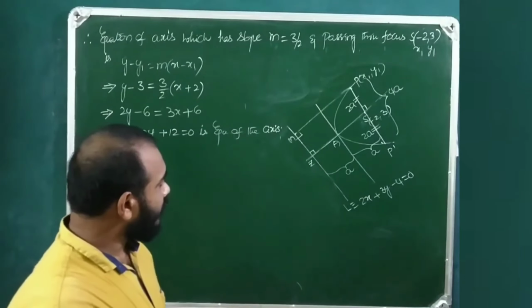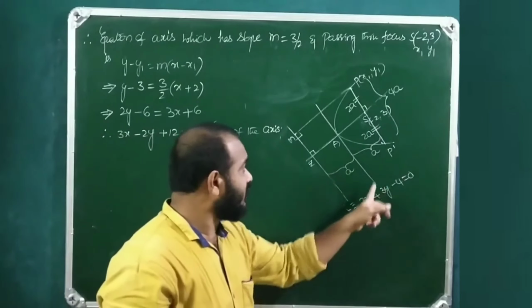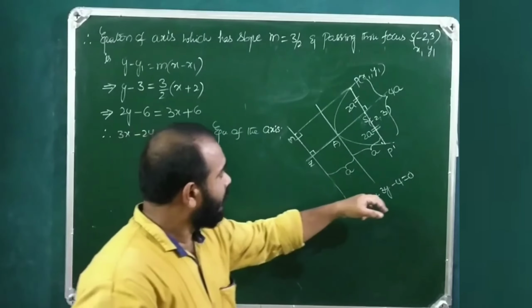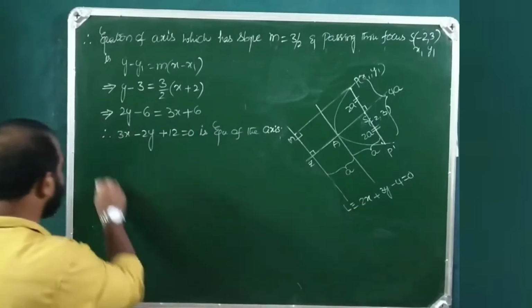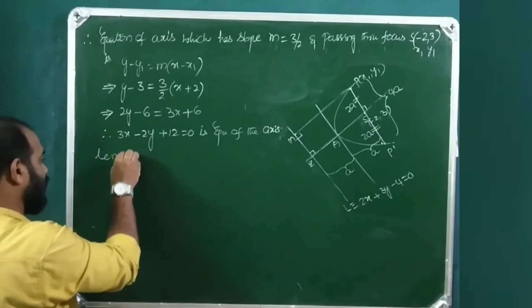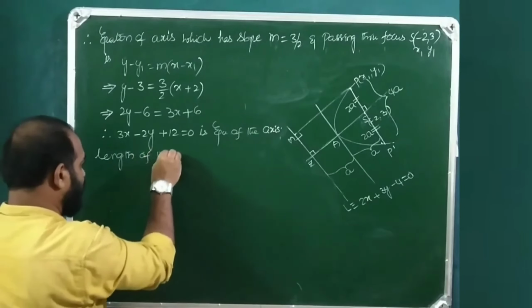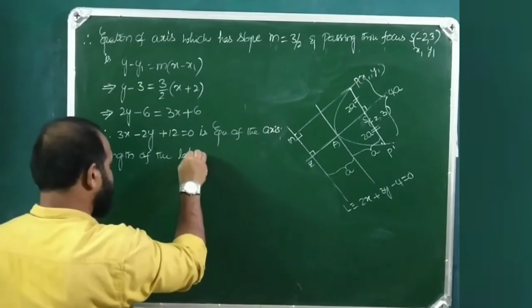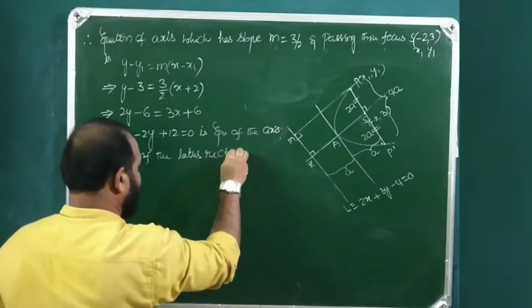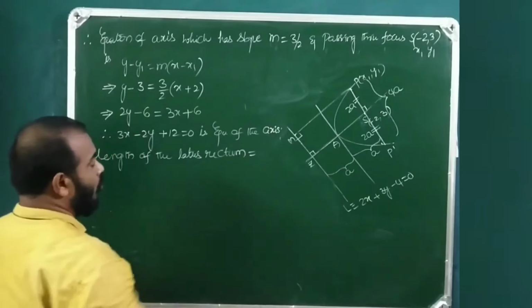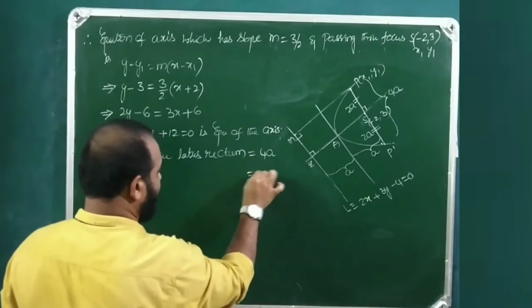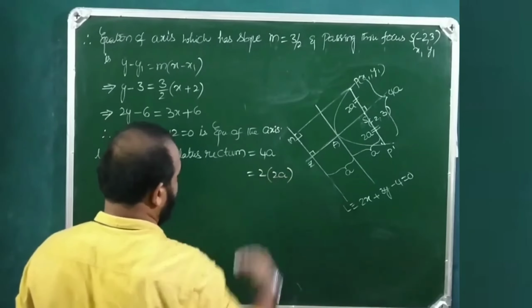Therefore, the length of the latus rectum is equal to 4a. 4a can be written as 2 into 2a.